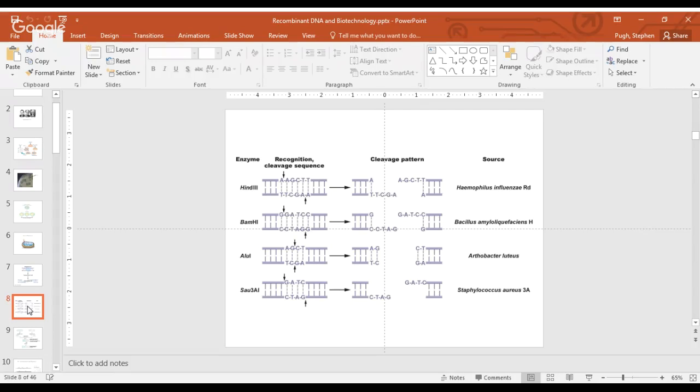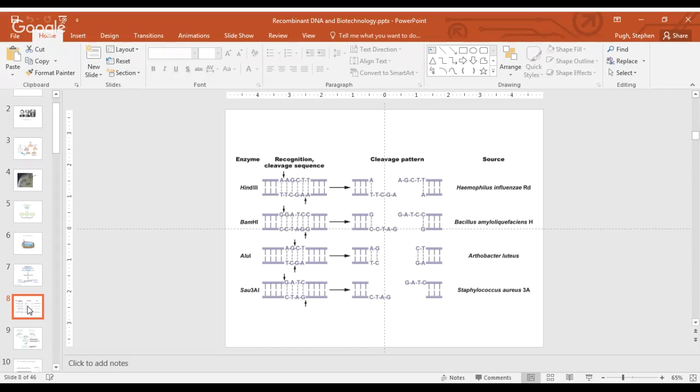The second one is BamH1, produced by Bacillus amyloliquefaciens, and so on. Hundreds of these have been discovered, perhaps even thousands, all produced by different bacteria, all for the same purpose of binding to phage DNA when a cell is infected and then cutting it. And when they studied these different restriction endonucleases, they discovered that they all cut at different sequences.